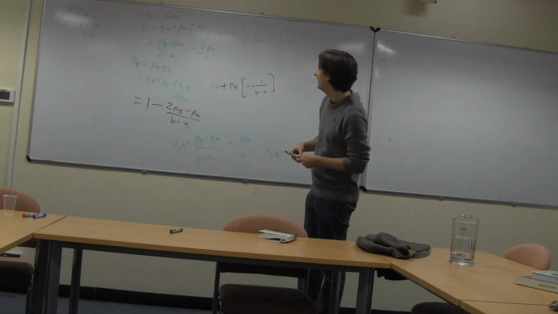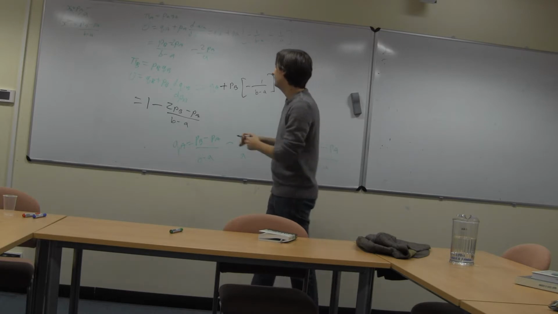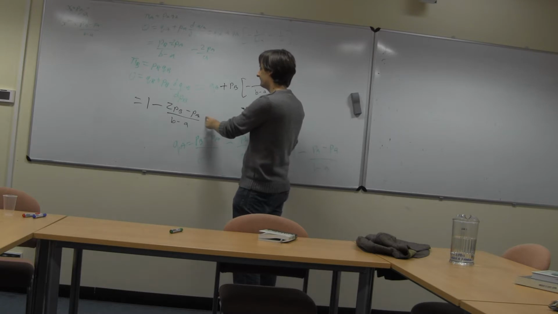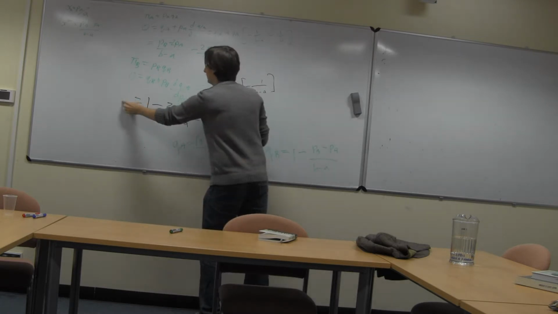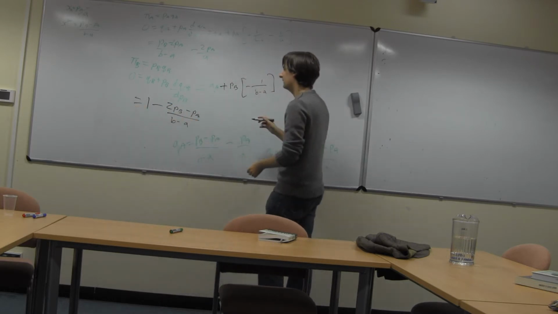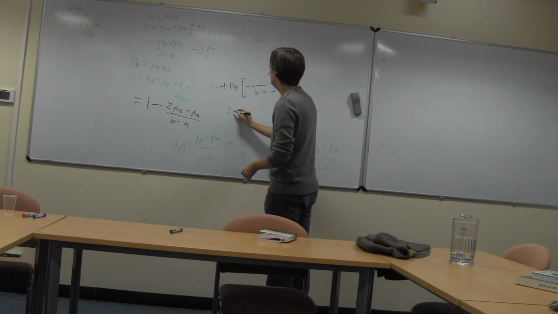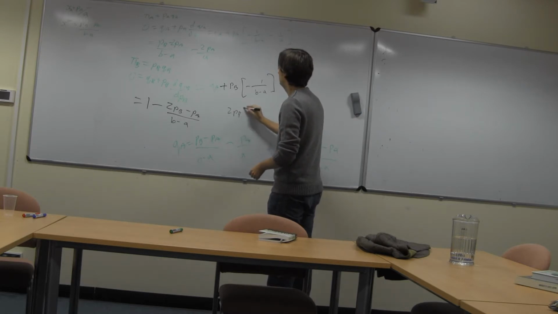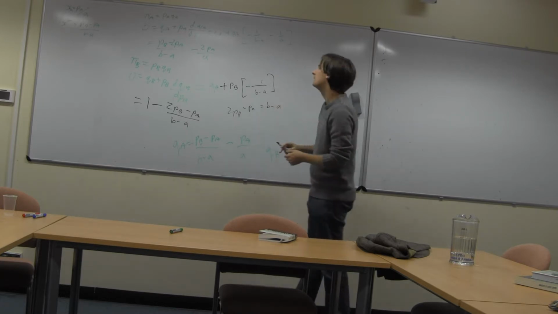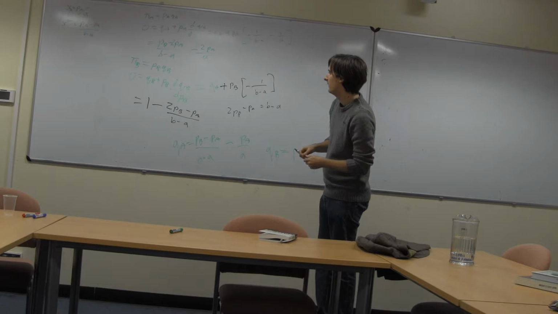What's going to be the easiest way to do this? So this one is probably the easiest one to work with. So from this equation we have that this is equal to naught, right? So if we add this to the other side and then multiply by B minus A, we have 2PB minus PA is equal to B minus A. I think that's right, yeah.